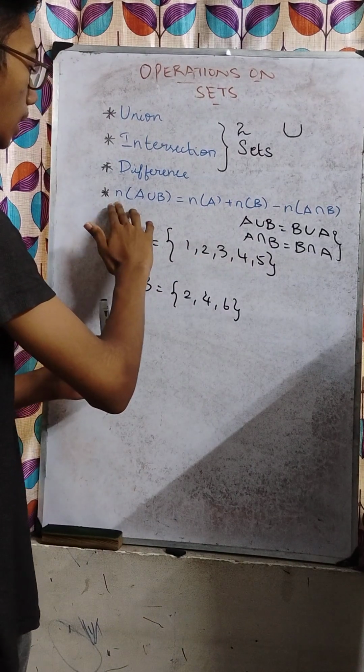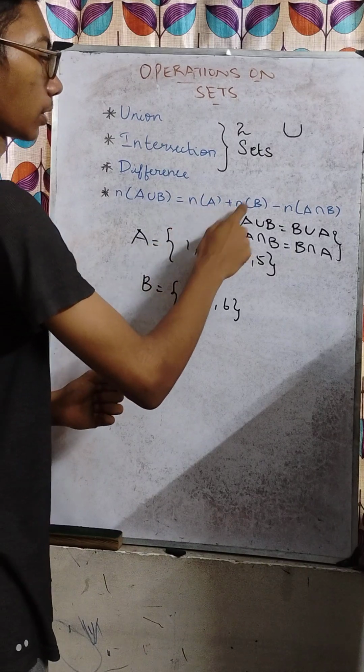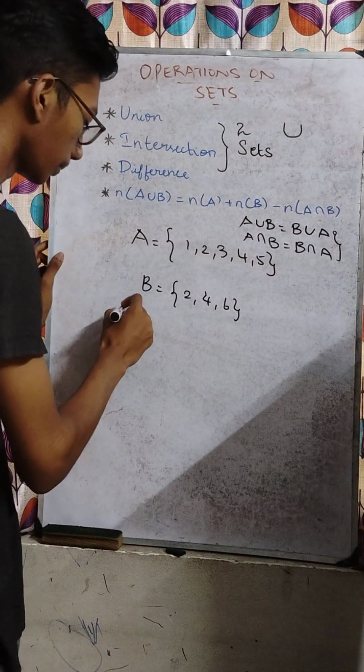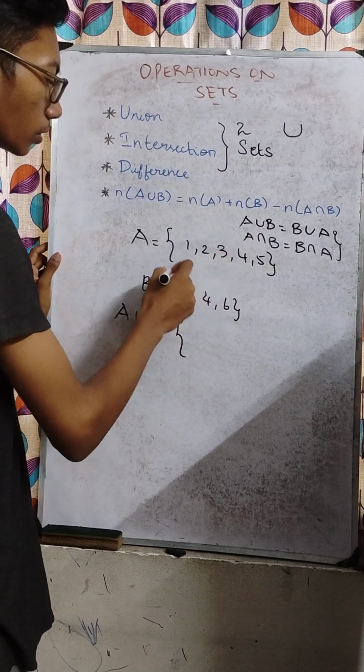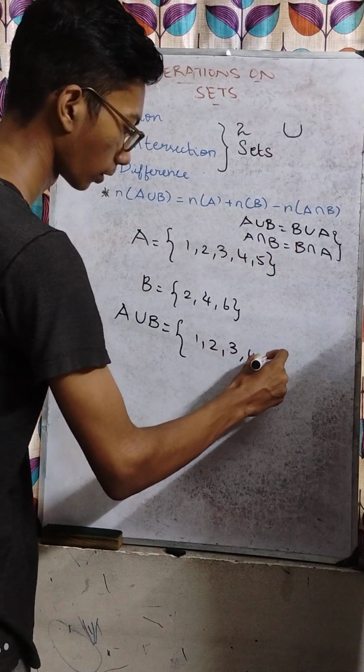Then we will see this formula: n of A union B equals n of A plus n of B minus n of A intersection B. So first we will find A union B, just all the terms of A and B: 1, 2, 3, 4, 5 and 6.